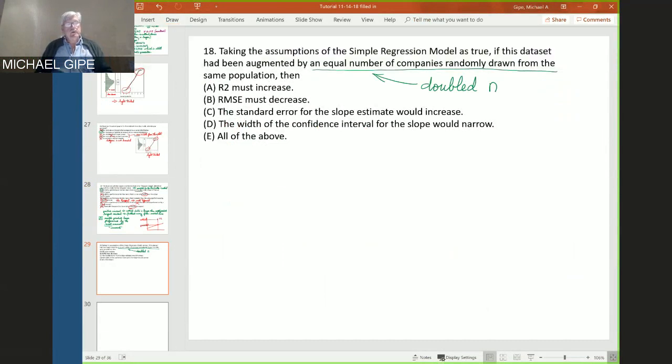Well, you doubled the number of samples. Does that mean your model now becomes better at predicting? It might be a little bit more accurate, but it doesn't have more power. So A, no. And you can remember, or you can demonstrate that by knowing that R squared is 1 minus SSE over SST. And these are likely to move together.